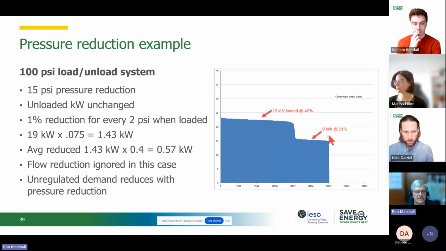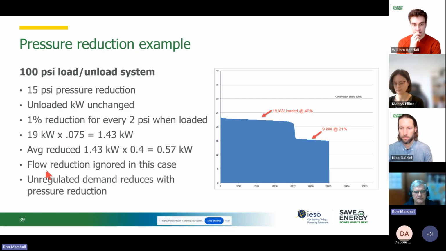Unloaded power remains unchanged, this portion here. So the 19 kilowatts times 7.5%, only 1.43 kilowatts, in the 40% portion that this thing is running fully loaded. So on average through the whole period, we're saving about half, or 0.6 kilowatts, right?